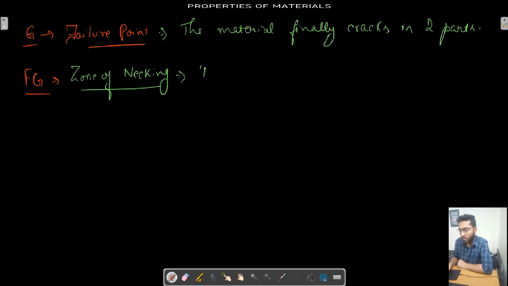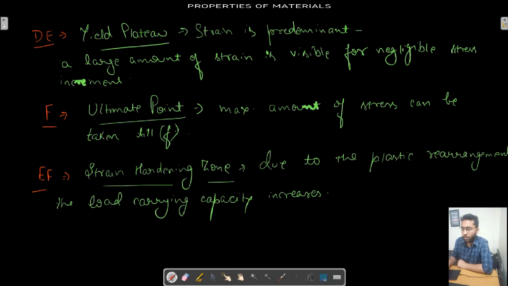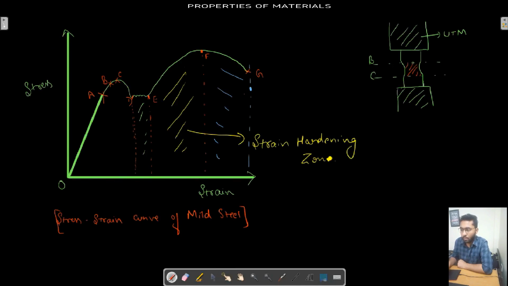In this, we can say neck formation is visible. How does it happen? You can see this from the previous diagram, which we had discussed earlier. In the BC portion, the cross-sectional area is kept slightly less, and due to this, stress concentration takes place.